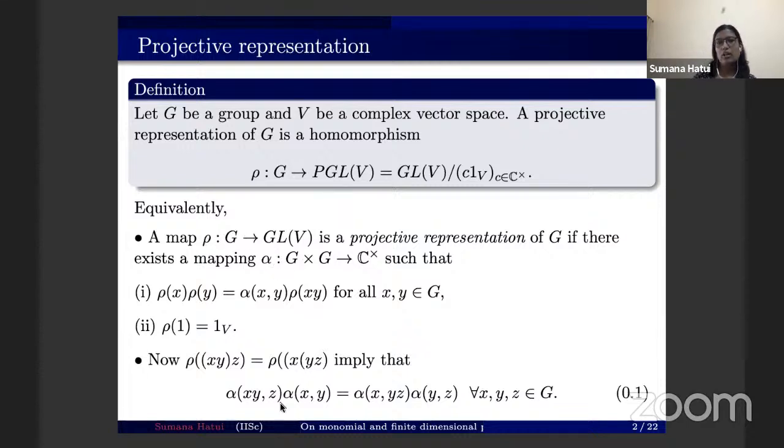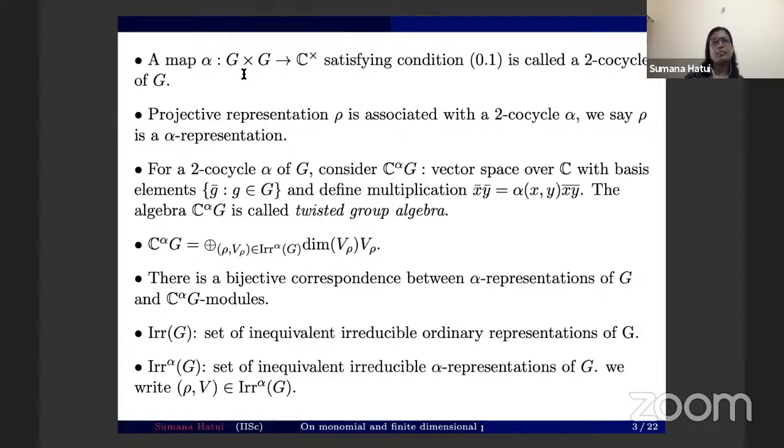A map alpha satisfying this condition is called a two-cocycle of G. So every projective representation is associated with a two-cocycle alpha.